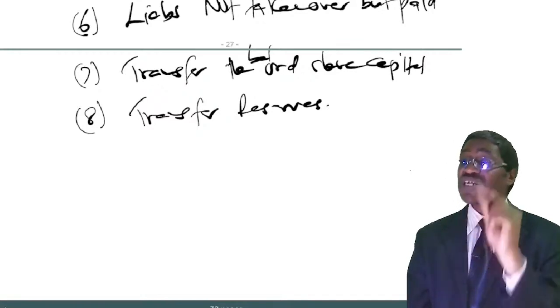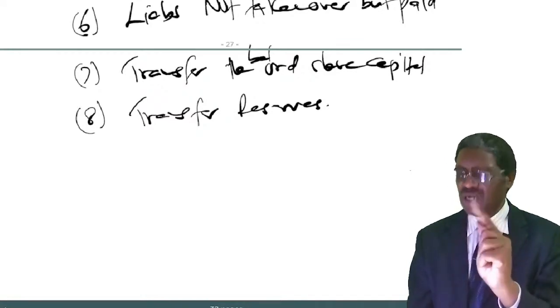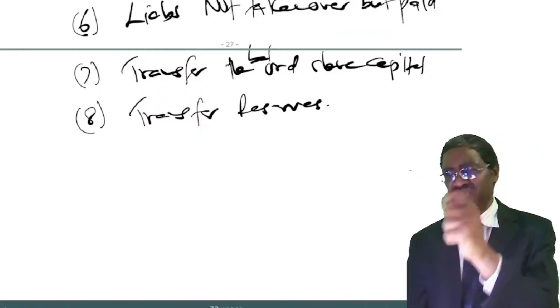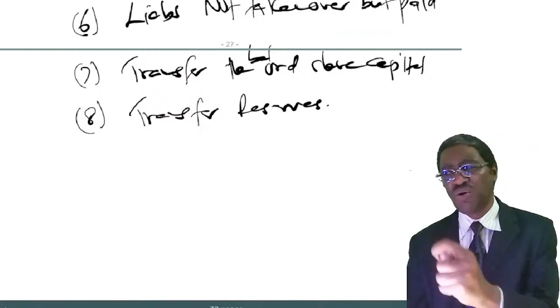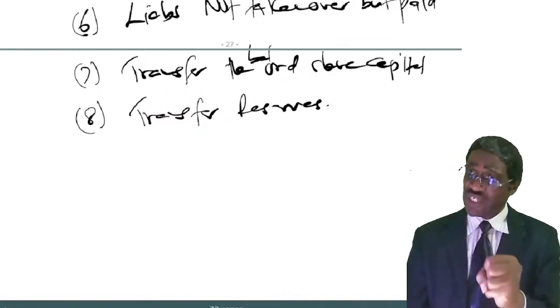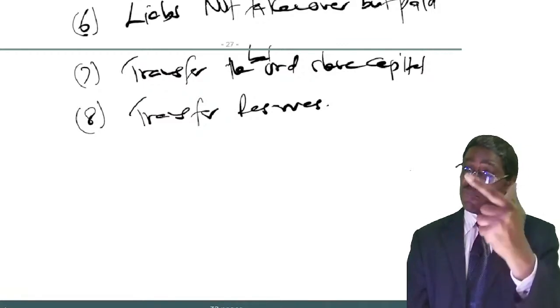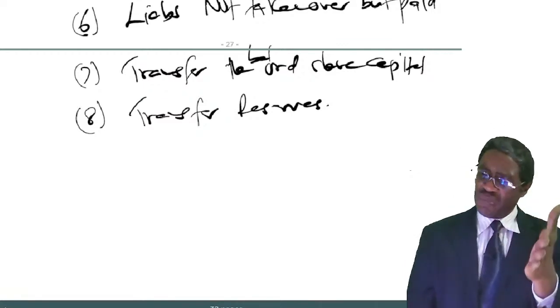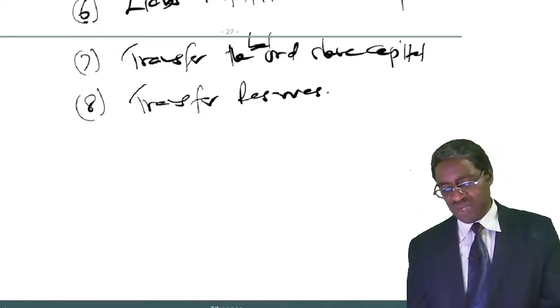Whether the reserve is a positive reserve or a negative reserve, it still belongs to the shareholders. If it's a positive reserve like share premium, we know share premium is always a credit balance. To close it, you will debit that share premium and credit the members.